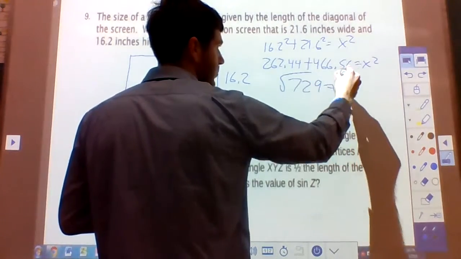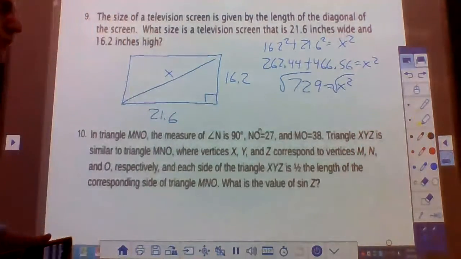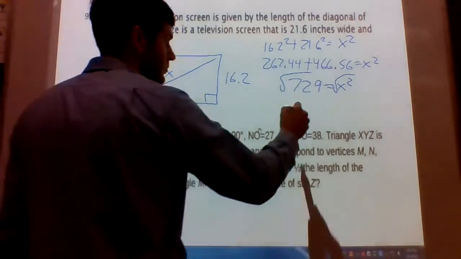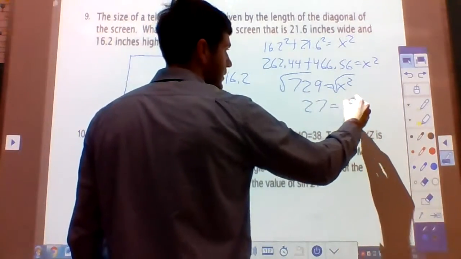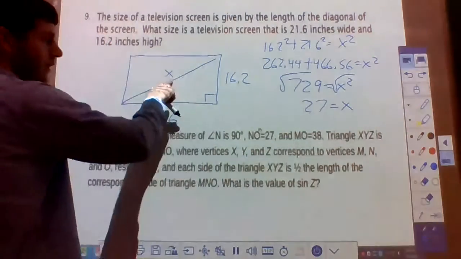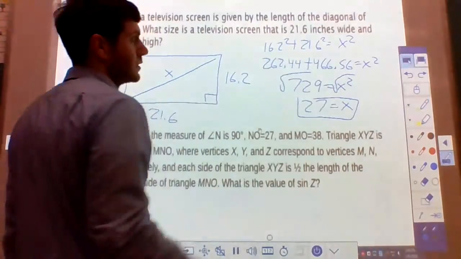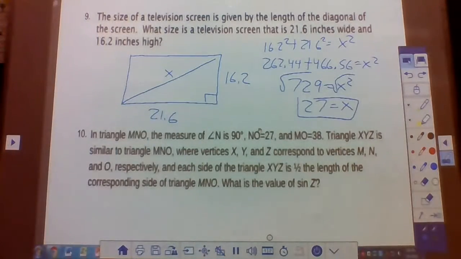And if I remember correctly, that's 29, right? Or 27? 27. So again, it's plus or minus 27, but we need a positive length, so it's just going to be 27 inches. 27 inches. Okay, number 10 then.